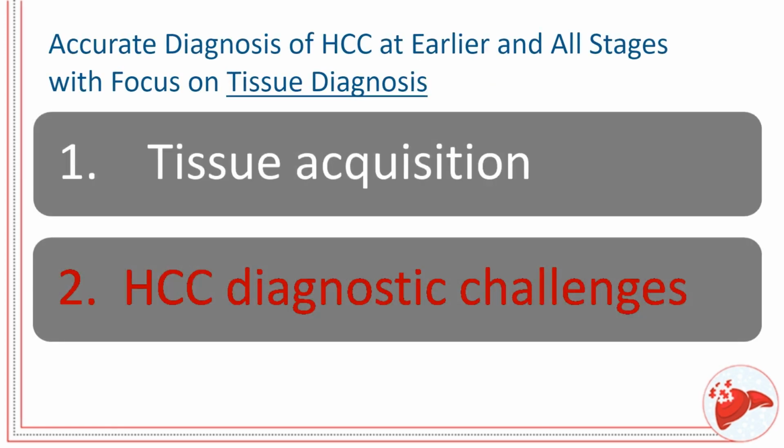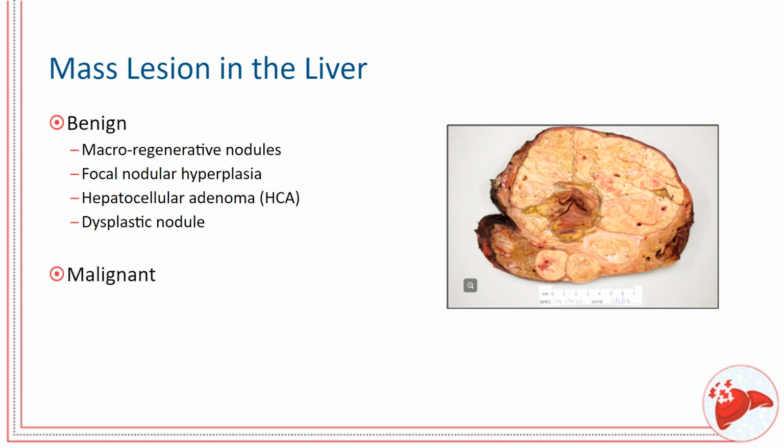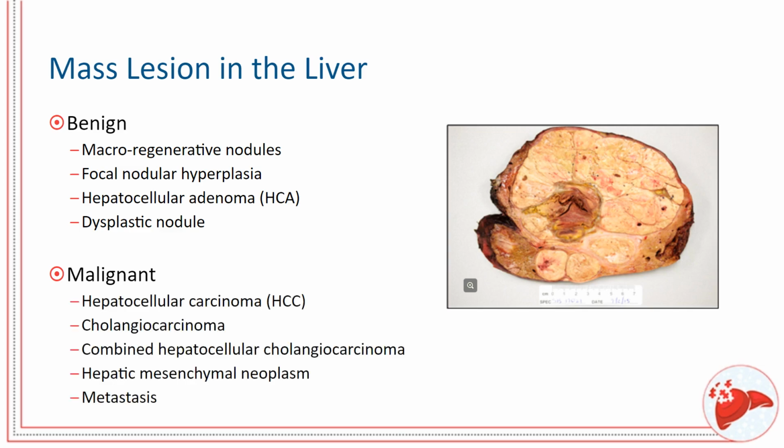Let's move on to the diagnosis of hepatocellular carcinoma. We know that not every single mass lesion in the liver is hepatocellular carcinoma. The mass lesion in the liver can be both benign and malignant, and each of those 2 categories consists of multiple entities.